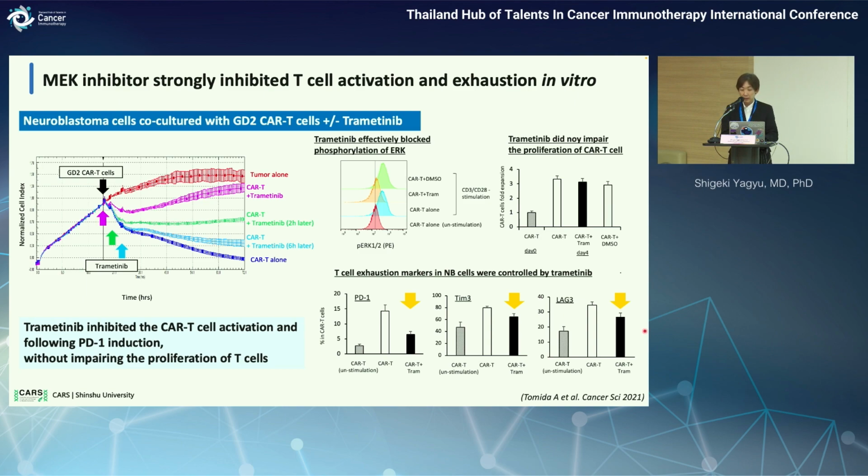By contrast, the proliferation of the CAR T cells induced by antigen stimulation was not impaired by trametinib, probably because the main signaling pathway of T cell proliferation would be not signal 1, but signal 2, and would not be fully blocked by trametinib.